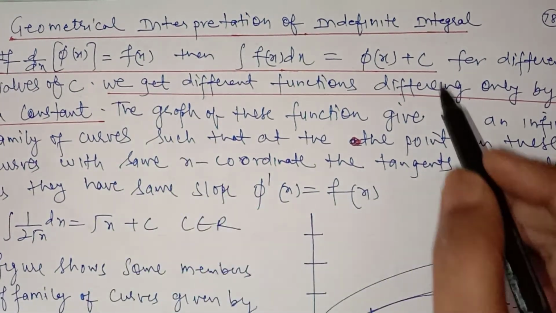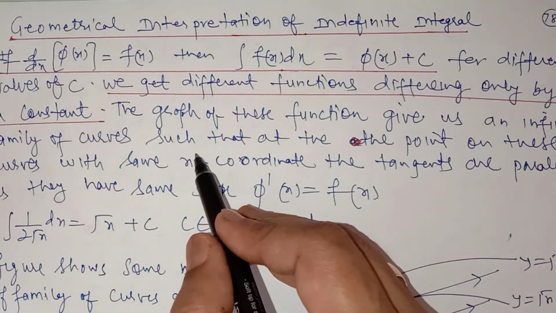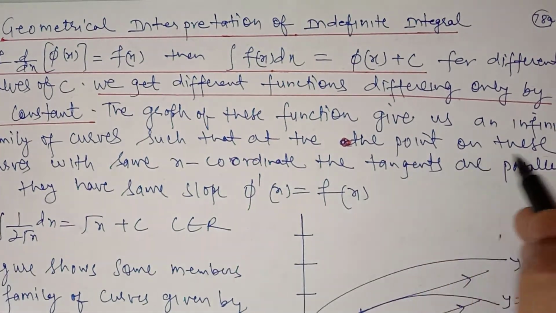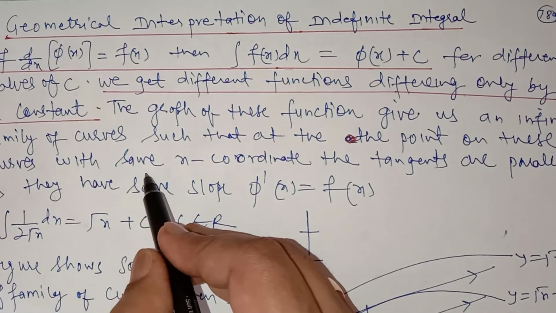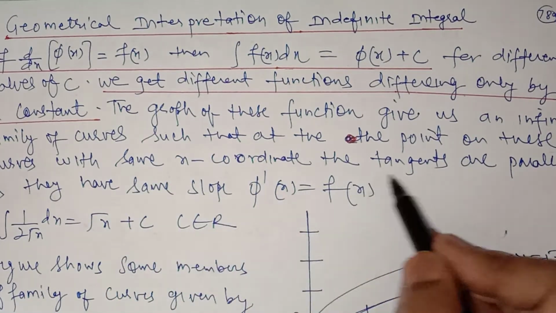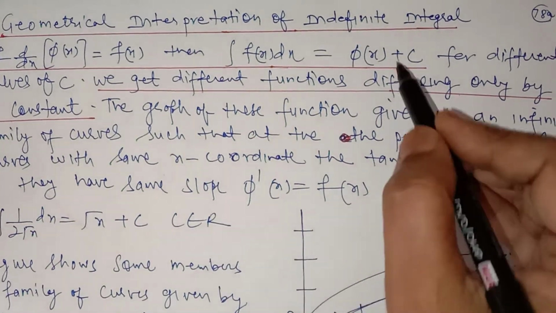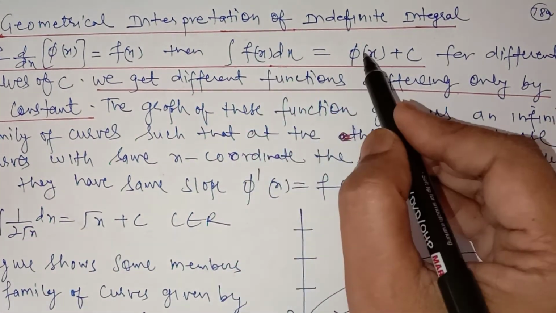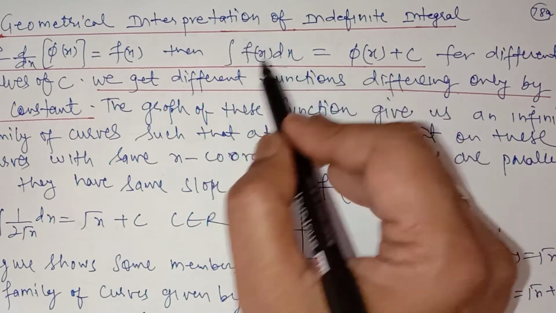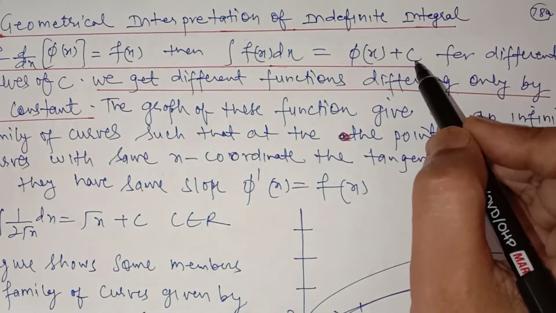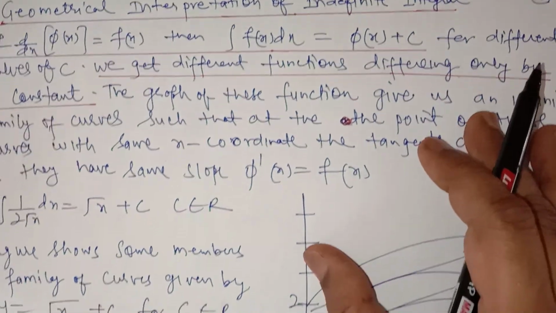If we draw the graph of these functions, we will get infinite curves such that at the points on these curves with the same x coordinate, the tangents are parallel, as they have the slope phi dash x. The derivative of this function is equal to f x, so the integration of this function is phi x plus c, and this function will be different for different values of c. So we'll get infinite curves.